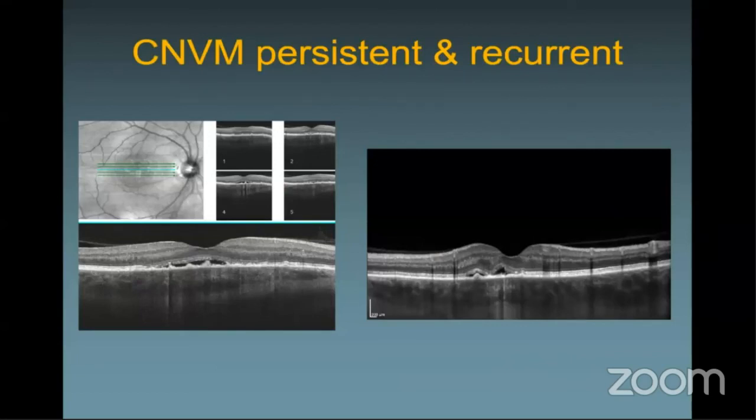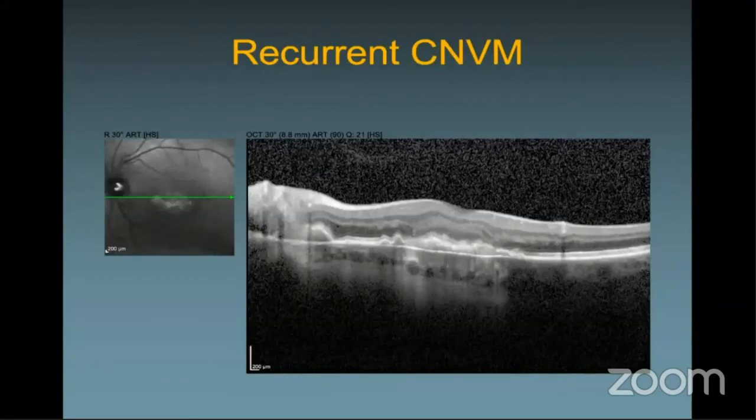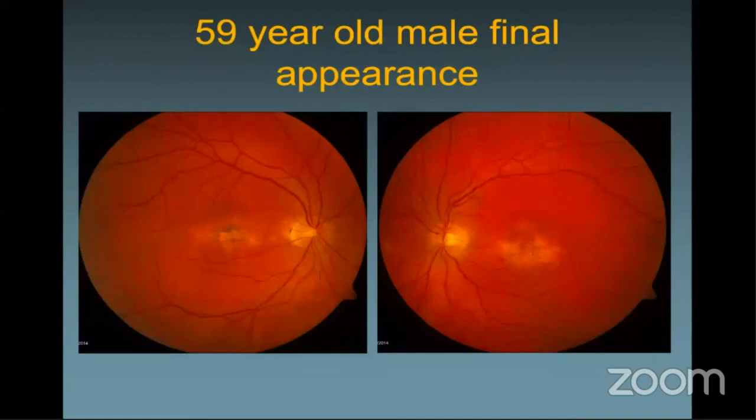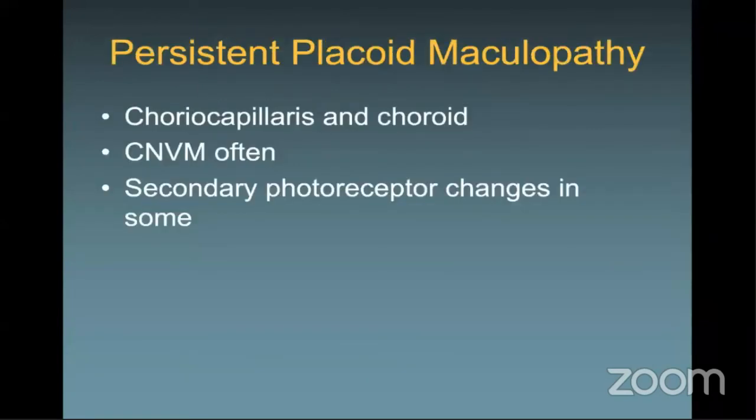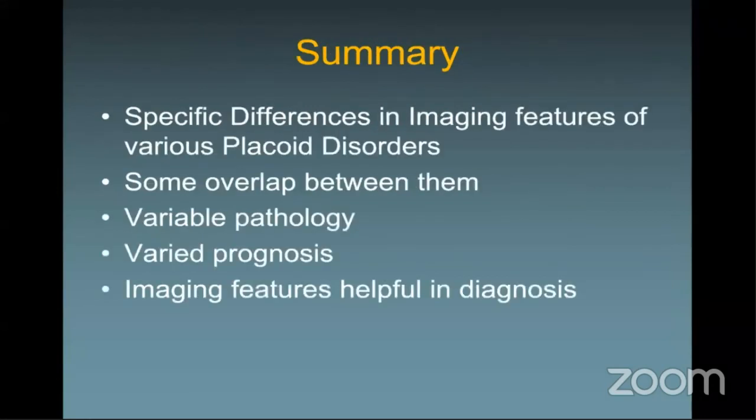This patient, unfortunately, in spite of steroids, immunosuppressives, and persistent anti-VEGF injections, developed recurrent and actively progressive CNVM, and eventually was left with scars and poor vision. So in summary, persistent placoid maculopathy affects the choriocapillaries and the choroid. CNVM is seen often. There are secondary photoreceptor changes and atrophy in some eyes with severe disease.